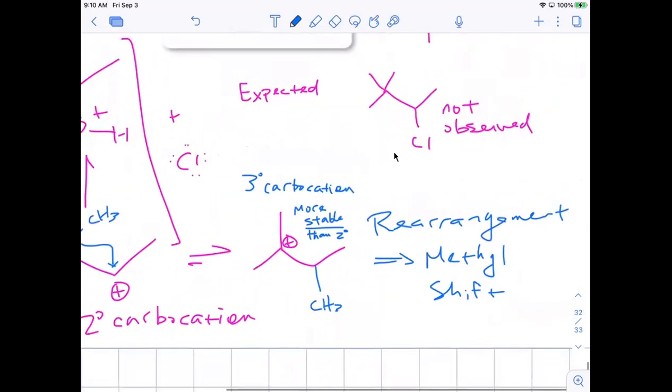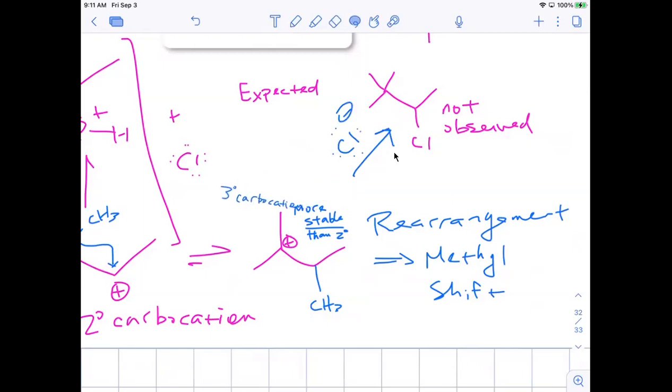Right, and this is why you get this product, because that's what chlorine is going to attack, that rearranged cation. So now this is going to come and attack here.